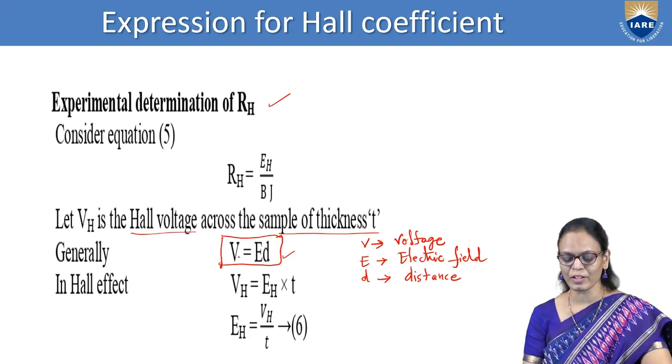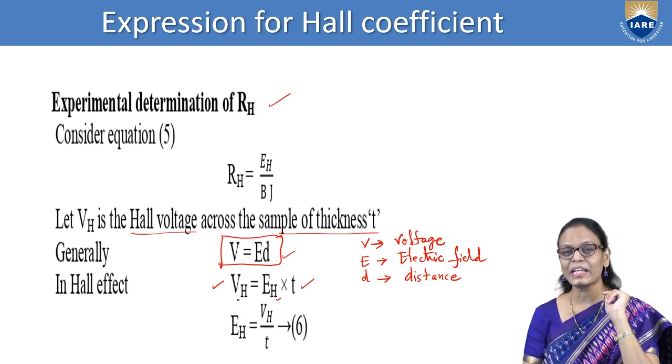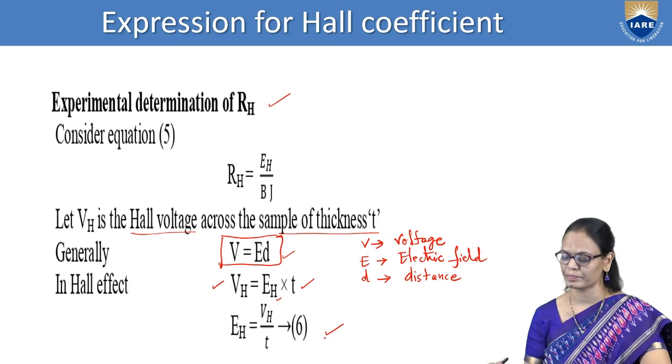Now here we are calling this voltage the Hall voltage VH. We are calling the electric field due to the Hall effect EH. And the distance, because the separation of charges is along the thickness, we are writing as T. So VH is equal to EH into T, or we can simply write EH as VH by T. This is equation number 6.